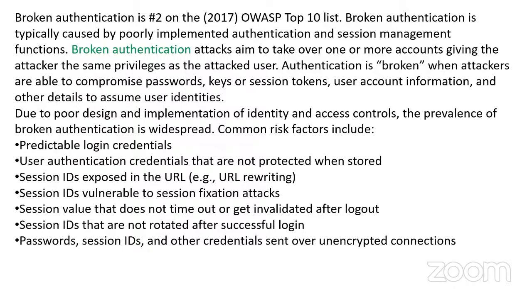This is due to poor design and implementation of identity and access controls. In the case of passwords, we should follow a strict instruction that predictable login credentials should not be used. That is a risk factor. Predictable login credentials means we should not use our names or easily observable passwords.